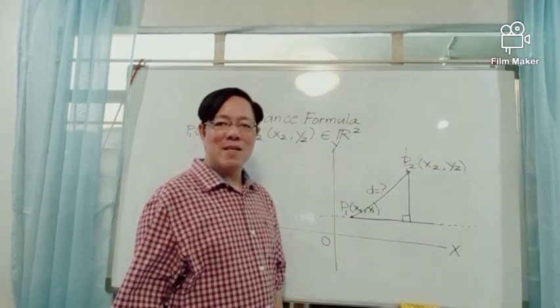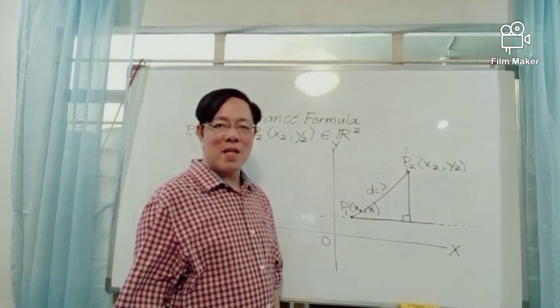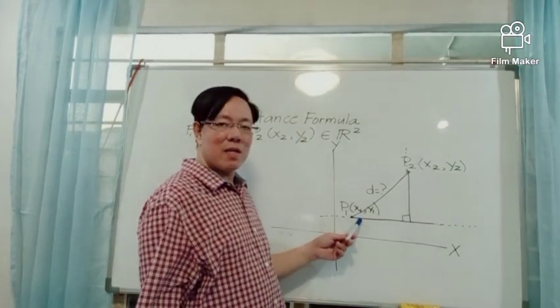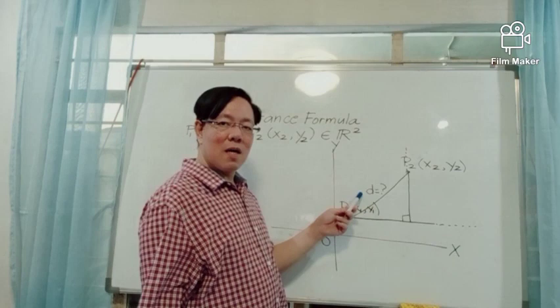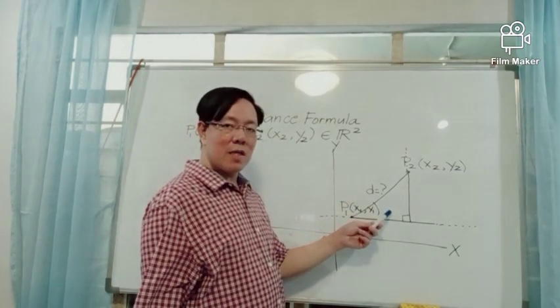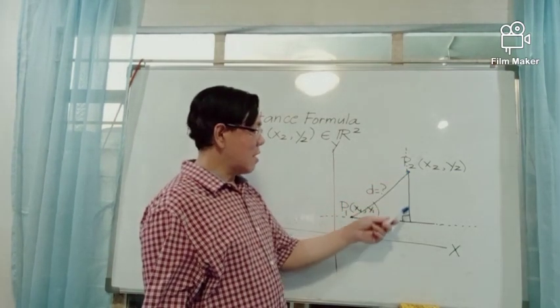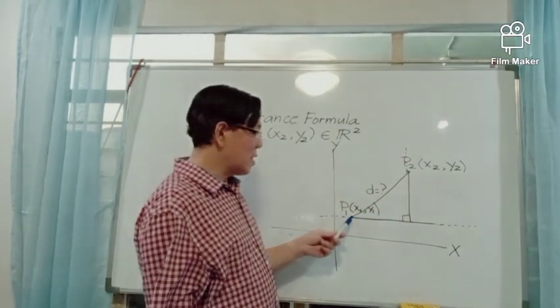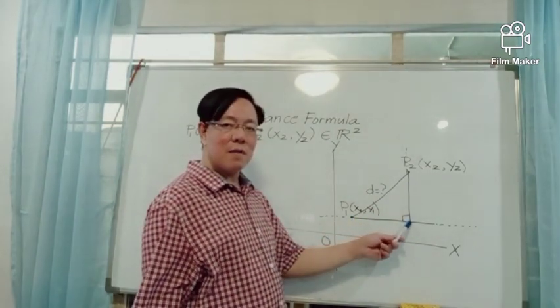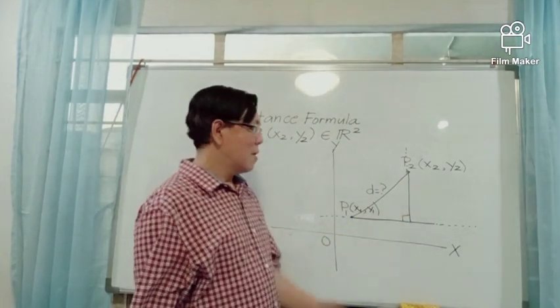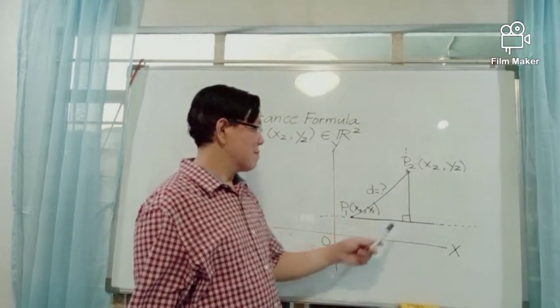Now we get the lengths of the legs of this right triangle. If this is the hypotenuse, this side and this side of the right triangle are called the legs of this right triangle.